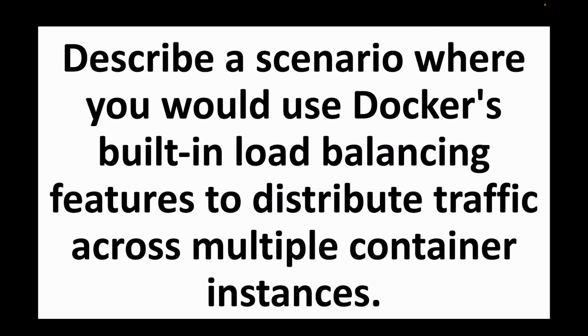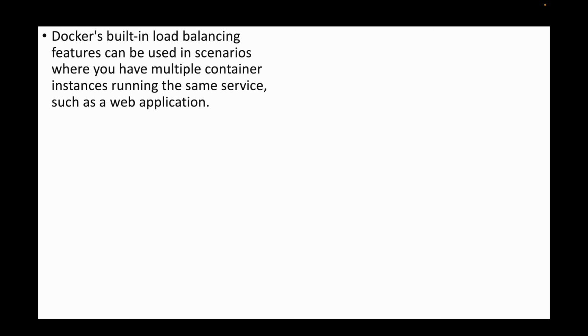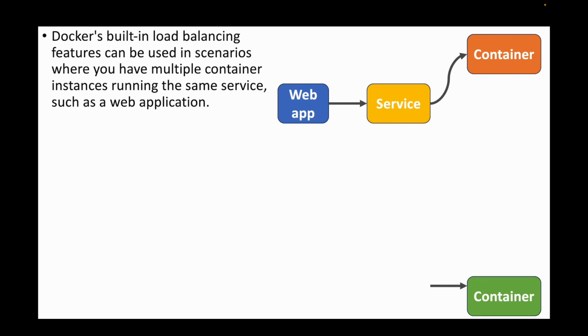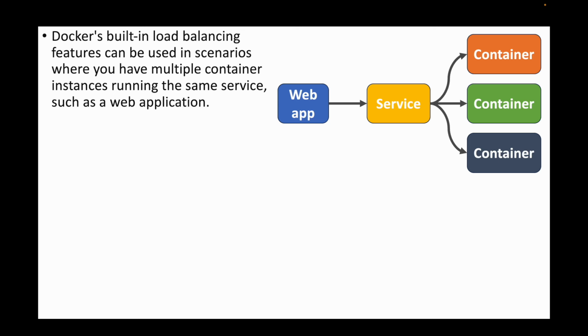The next question we have is, describe a scenario where you would use Docker's built-in load balancing features to distribute the traffic across multiple container instances. So Docker's built-in load balancing features can be used in scenarios where you have multiple containers running the same service, such as your web application. So let's say we have this web application.